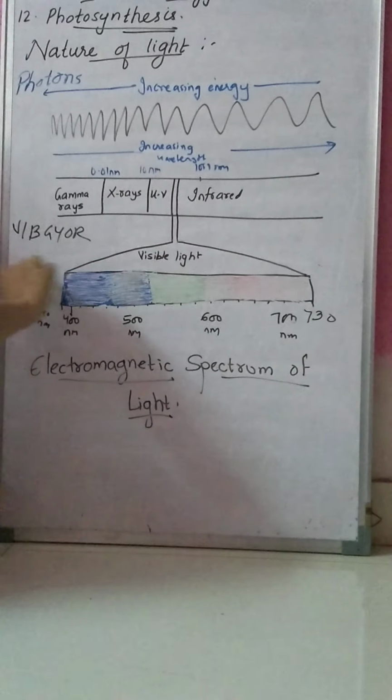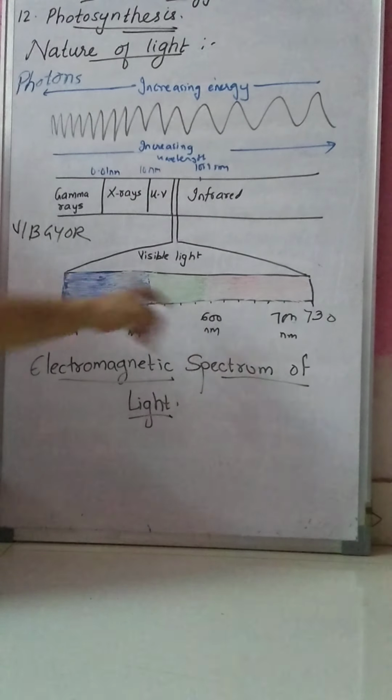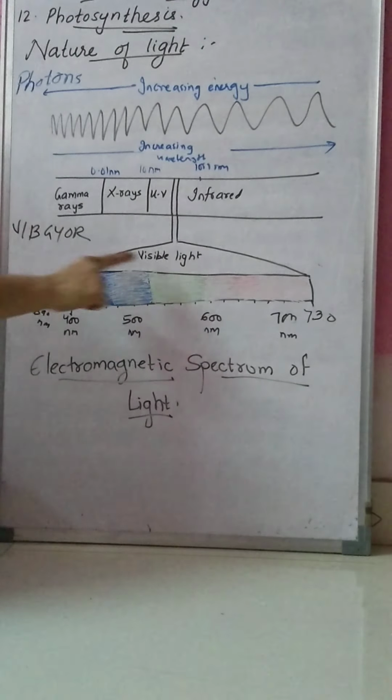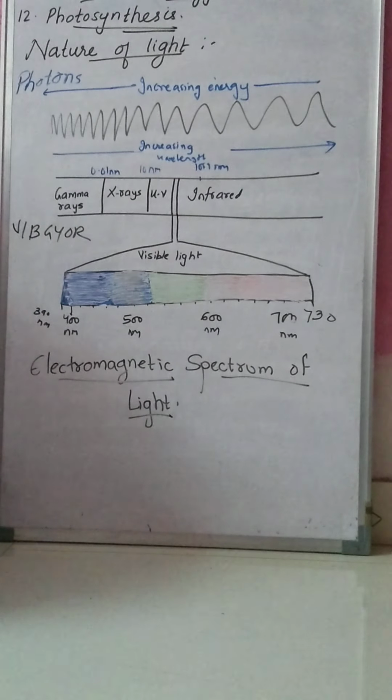This part of the electromagnetic spectrum, from 390 nm to 730 nm, is known as visible light.